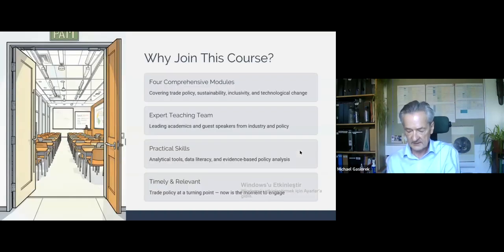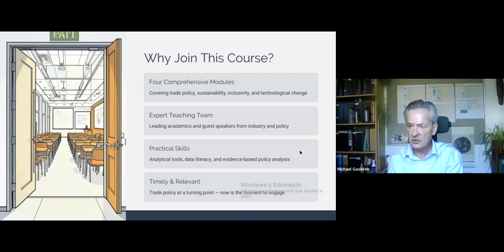So why we think this course is important, why we encourage people to join this course is, obviously you need to be interested. You will see that I'm passionate about international trade, and I think international trade is so important to our lives, as I have said earlier, and I think it's become really very interesting. For many, many years, trade was there in the background, it took place, everybody kind of understood it was important, and it was governed by a rules-based system.